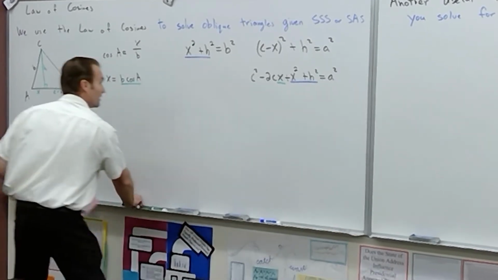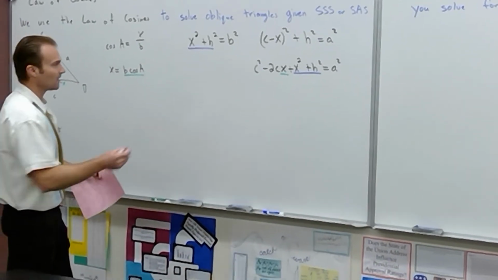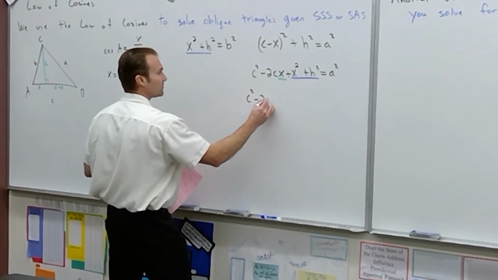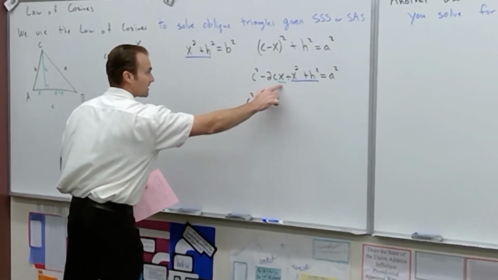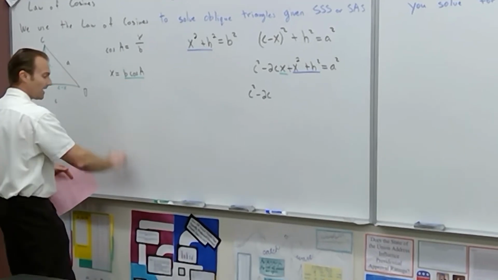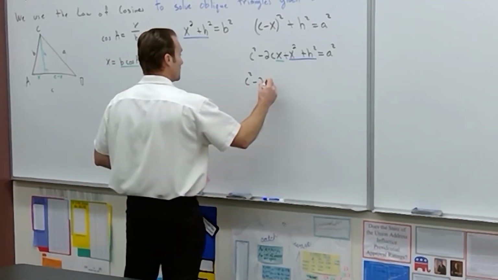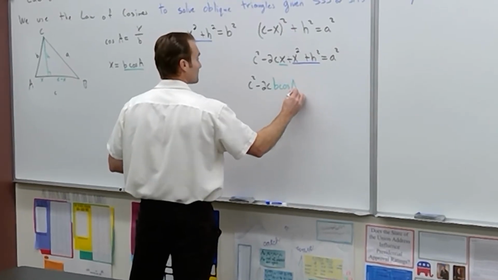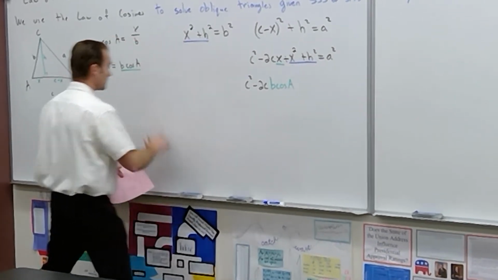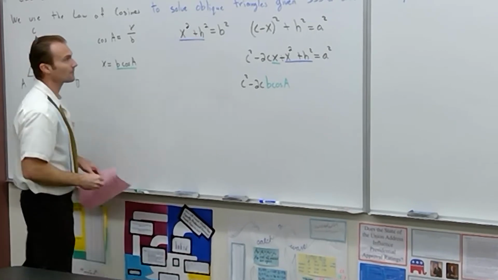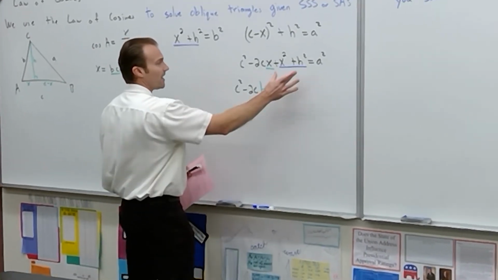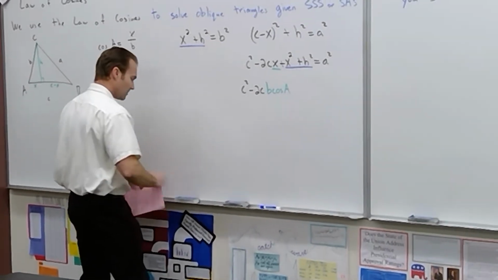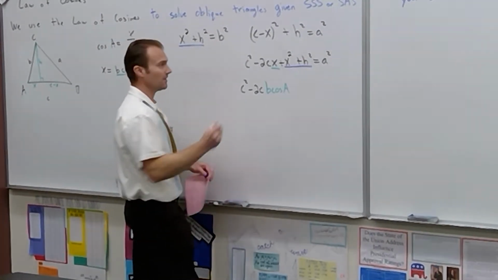So writing my new equation, I will have c squared minus 2c, and again, I'm going to replace this x with an equivalent value of b cosine A. Now I'm going to replace my x squared plus h squared with that b squared, because they're equivalent.